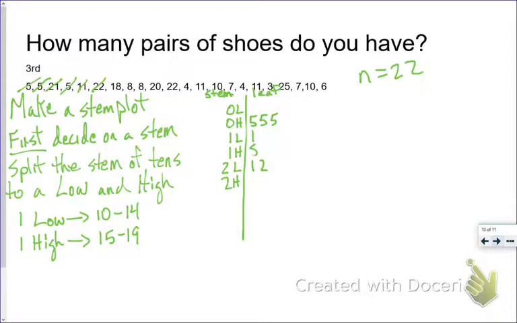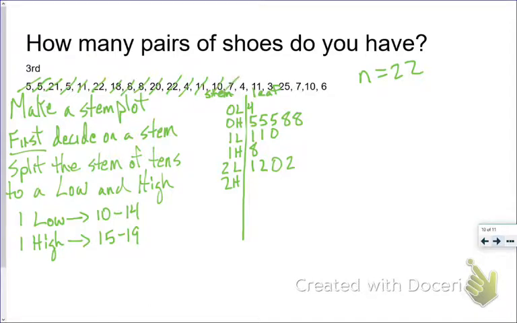We got an 18, an 8, an 8, a 20, a 22, a 4, an 11, a 10, 7, it won't cross out, there we go.